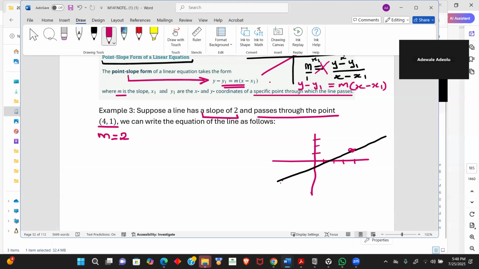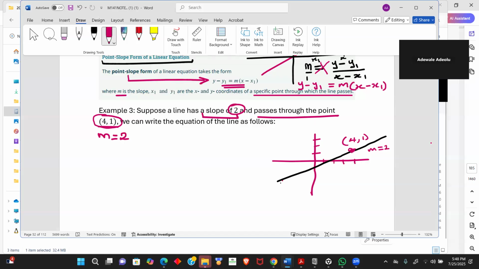Now the question is, we should write the equation of the line. It passes through this point 4, comma 1, and the slope m is 2. Remember that we can write it in point slope form. Why do we call it point slope form? We have a single point, then we have a slope.